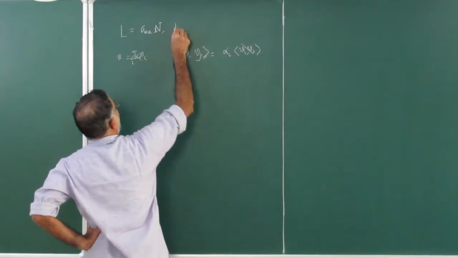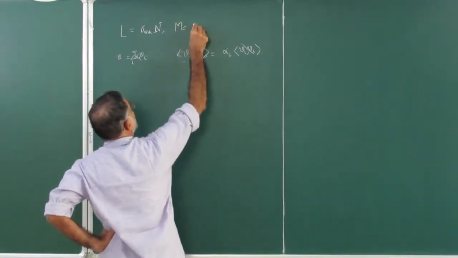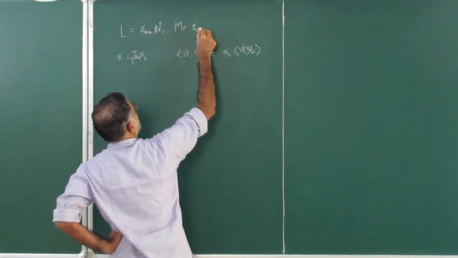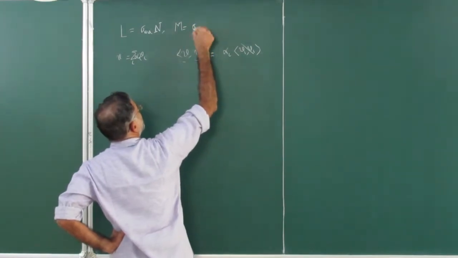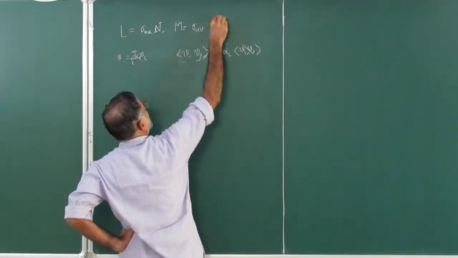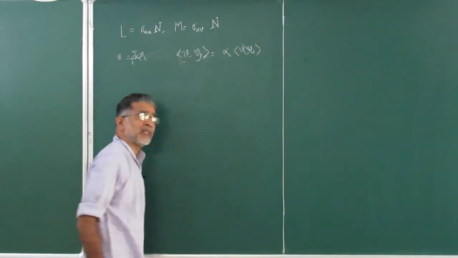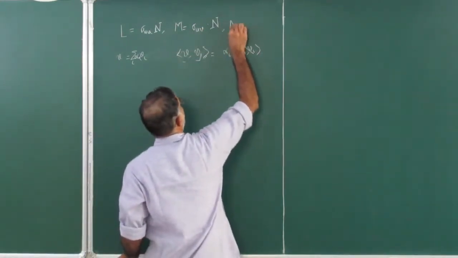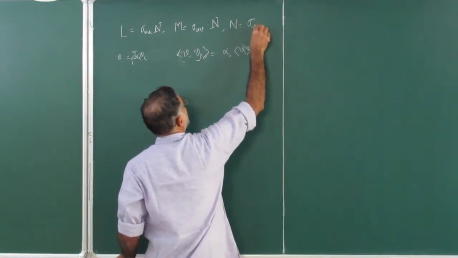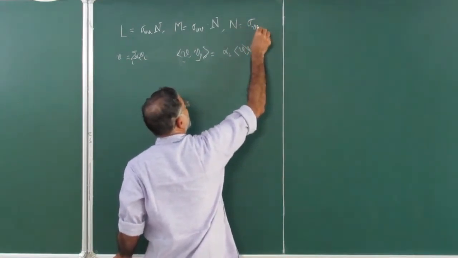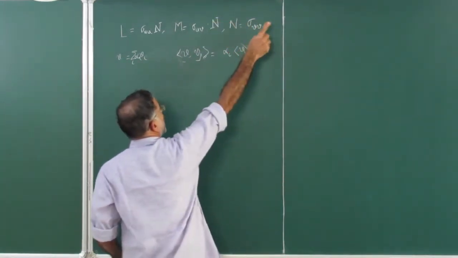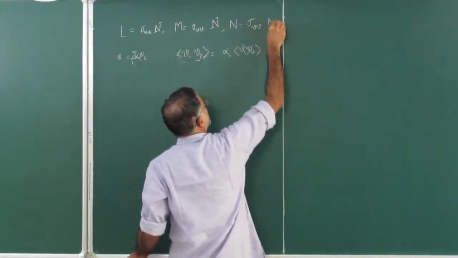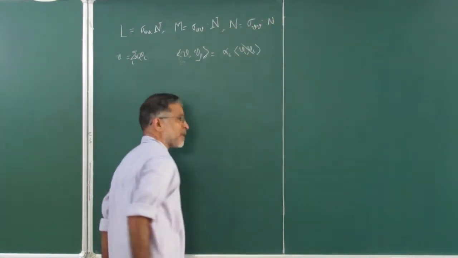Then you have m as sigma u in the v direction, and what is its component in the normal direction. And then the final one, n, is sigma v in the direction of v: look at the direction of v and you get the rate of change of sigma v.